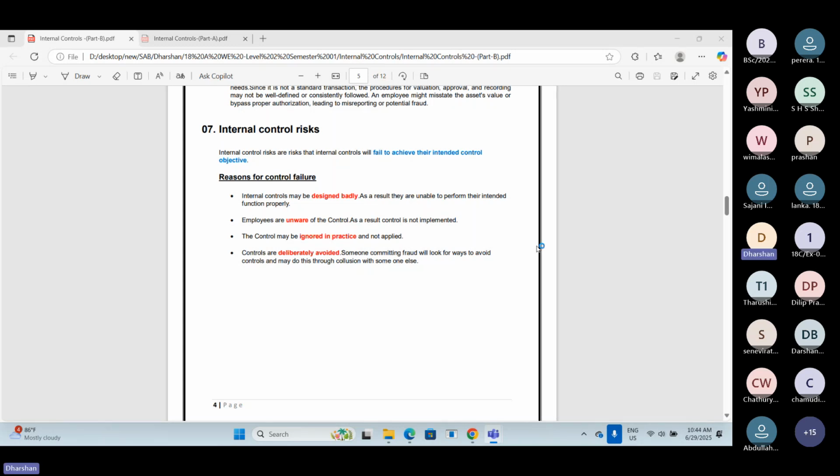Information communication is the most important element because, as I explained earlier, if the board of directors decided they are going to implement the internal controls, with only the strong internal control environment, the company cannot achieve effective and efficient internal control.